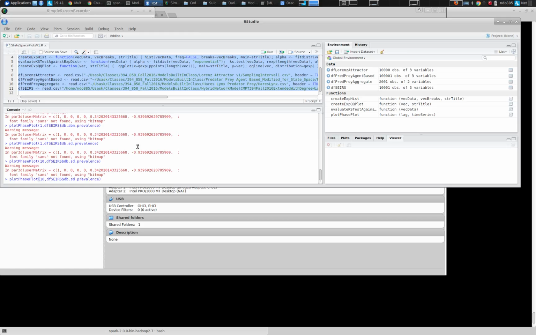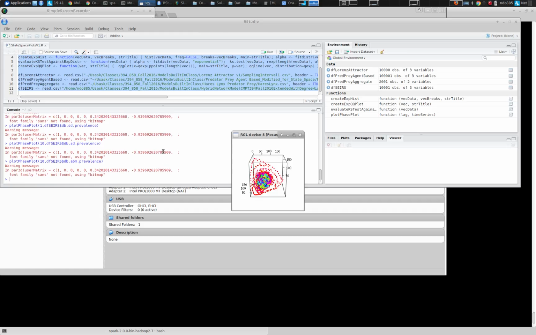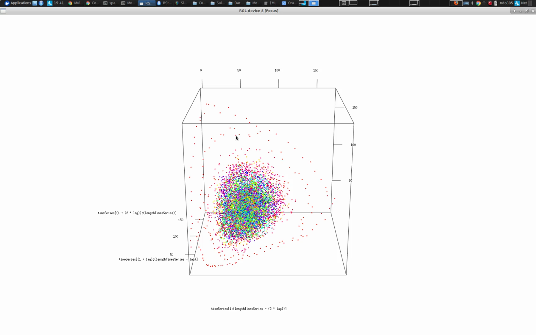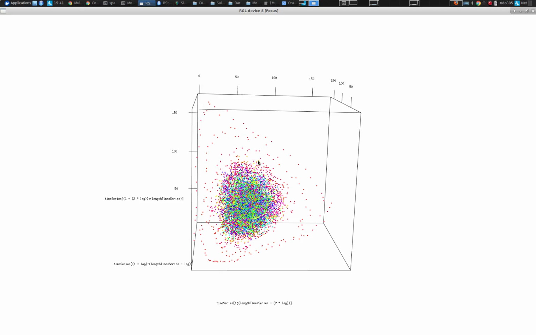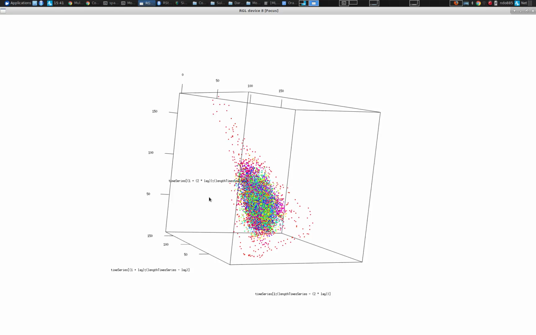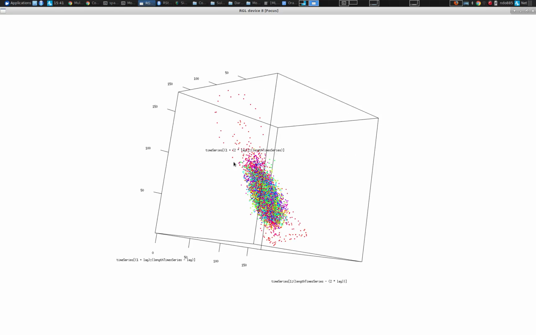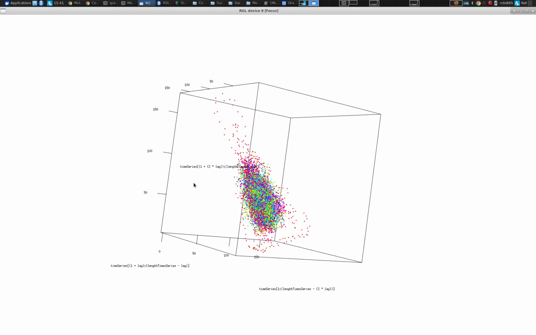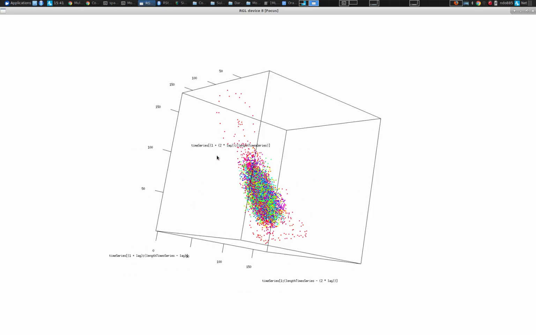I'd like to look now at the ABM one. What does the ABM one have different? It's stochastic. So here's an example of the ABM one. That one isn't quite as neat, but you'll see in three-dimensional space, it's fairly compact.